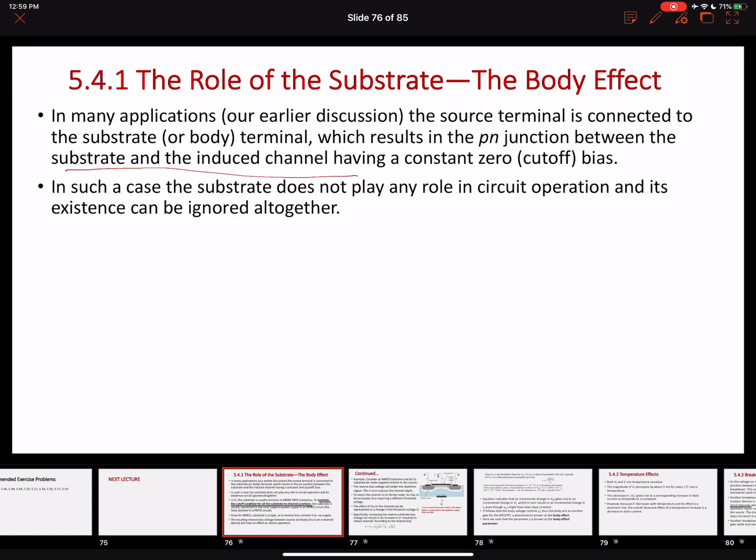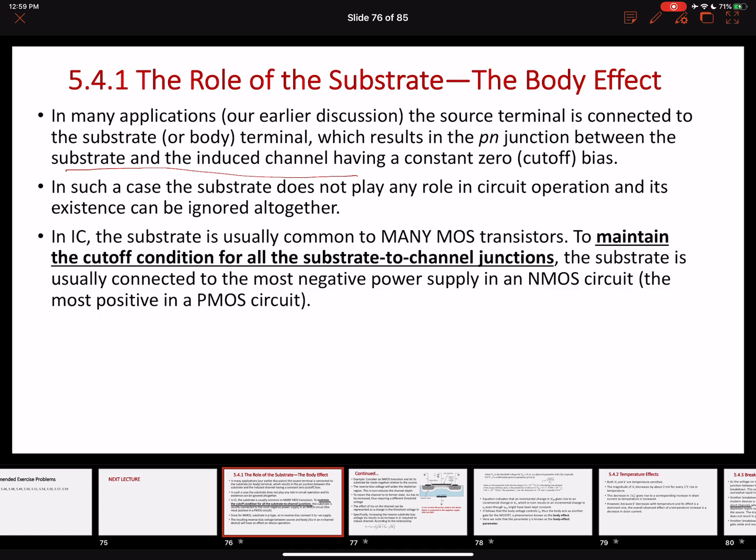Now, in order to make sure that the PN junction of the substrate to the channel will remain reverse biased at all times for all the transistors in the cutoff mode, for the NMOS transistor, the substrate needs to be connected to the lowest DC supply available. If we do that, we will make sure that the channel to substrate junction will be reverse biased.